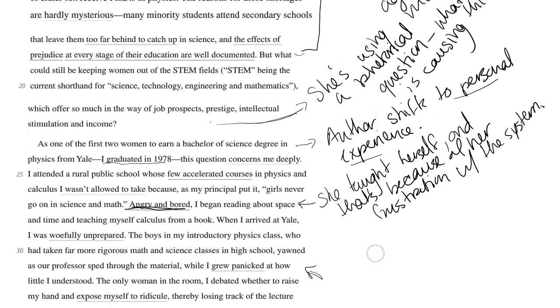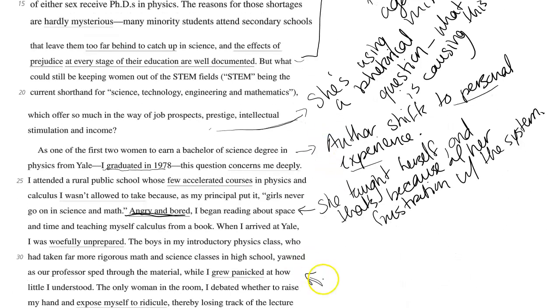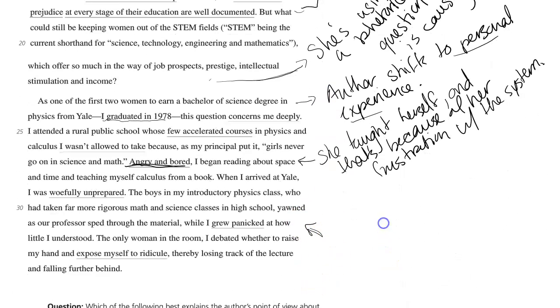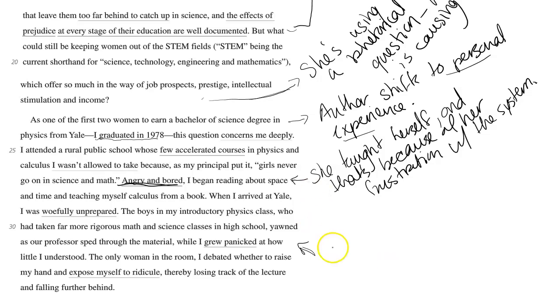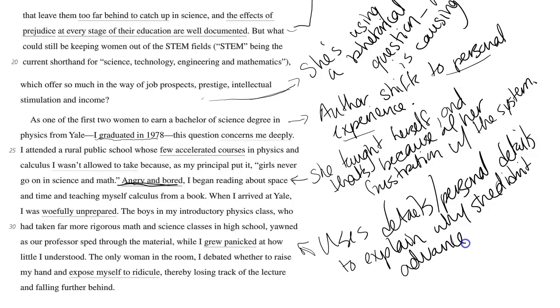Going back to that question of what causes this issue, she has her own firsthand account of what caused it. So she uses personal details to explain why she didn't advance as quickly as her peers.